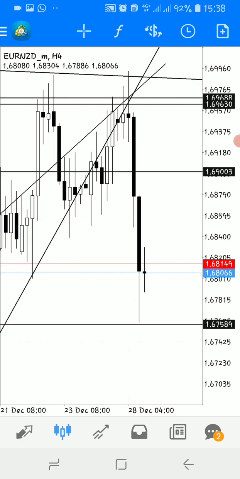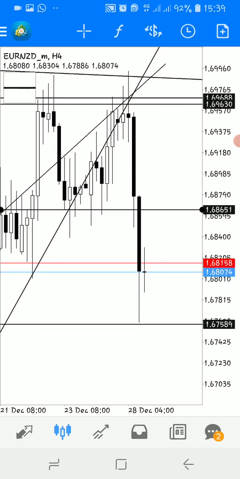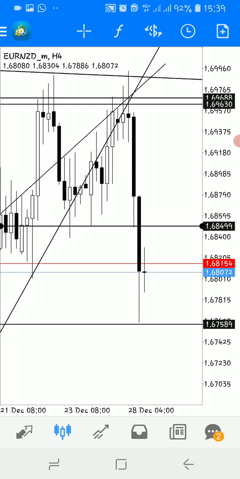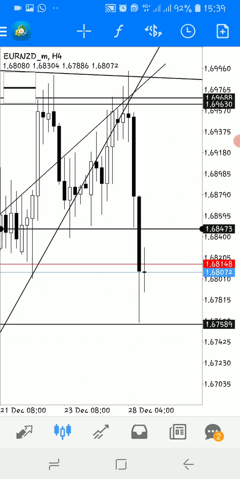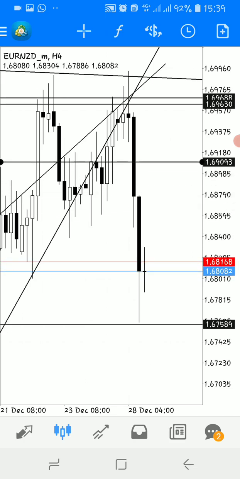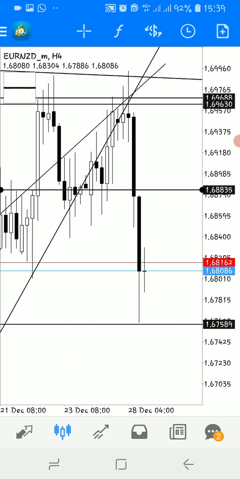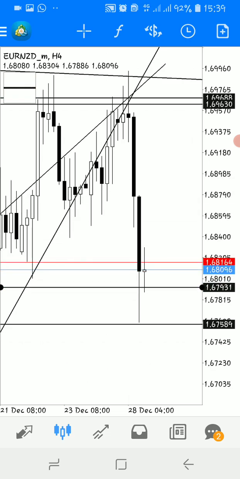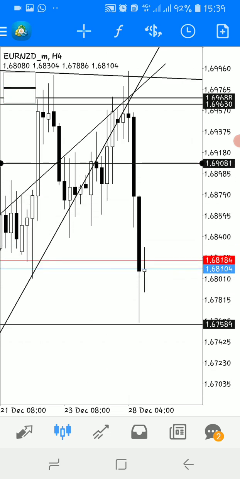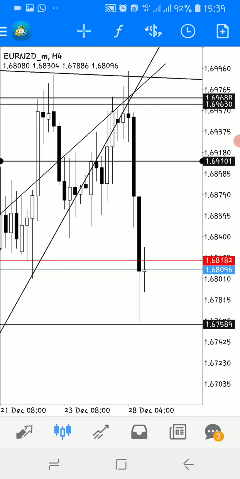Also, in order not to go in for a late entry, such as entering over here, you should go in for an early entry so that the trade does not reverse against you right away and is really profitable.